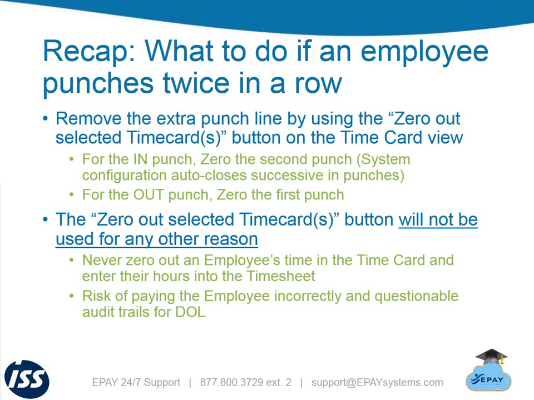And secondly, we don't want to zero out the time card just because we can. The big thing is the risk of paying an employee incorrectly and questionable audit trails for the Department of Labor. Being such a large company, involved in just about every state in the U.S., puts us at a much bigger risk and a lot more view for a Department of Labor audit.